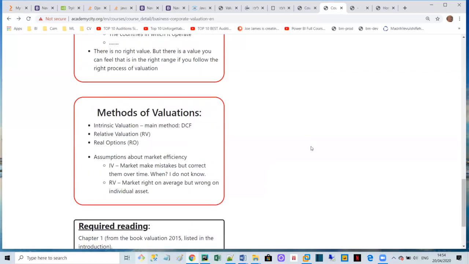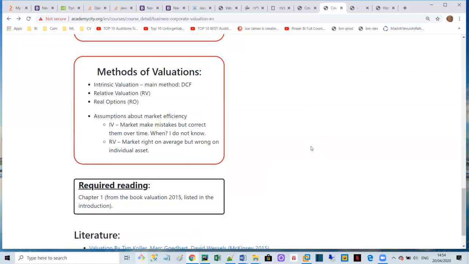Okay, the last one in this part, in fact, we talked about those two. I just wanted to re-emphasize that intrinsic valuation makes an assumption. And the assumption in intrinsic valuation is that the market might make mistakes, but it corrects itself over time. We talked about it. Relative valuation is right on average, but it might be wrong on a specific asset.